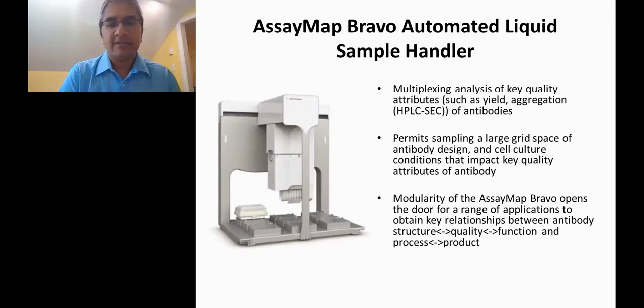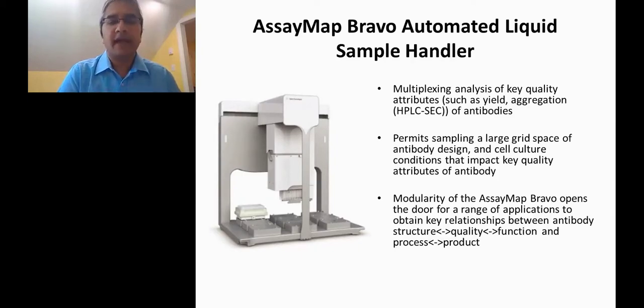It has multiplexing capabilities in terms of looking at key quality attributes such as yield and aggregation, and it works off of a 96-well format that's compatible with the sample handler to the LC system to the LCMS system. That way you have cross-platform integration going from the sample handler all the way to the analytical instruments for these multiplex readouts.